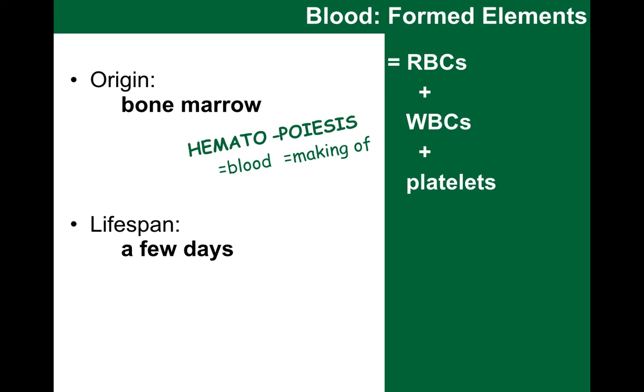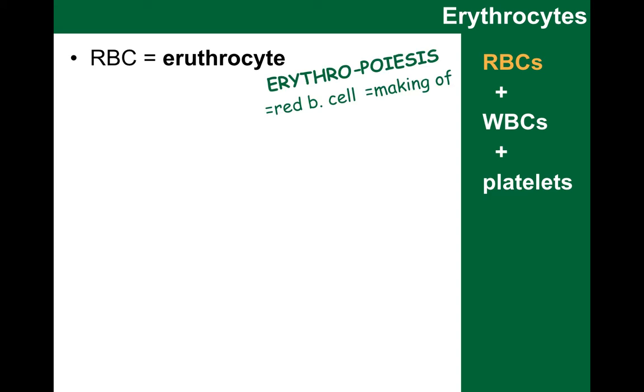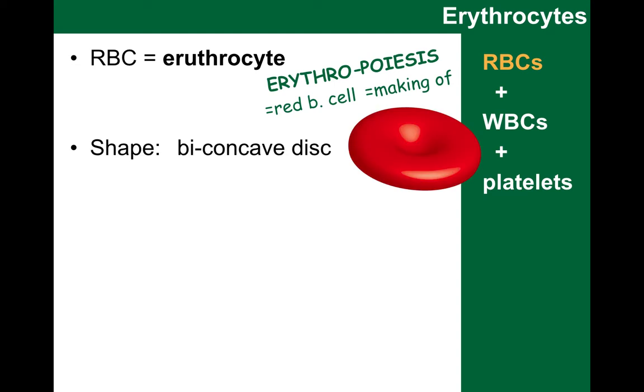Let's talk about red blood cells first. These are known as erythrocytes, as you can see in the heading on the top. So the production of red blood cells would therefore be known as erythropoiesis, following the same logic as before. If you wish to describe these, they are biconcave discs, like a round balloon that has been squashed in the middle, but not quite the full way through.